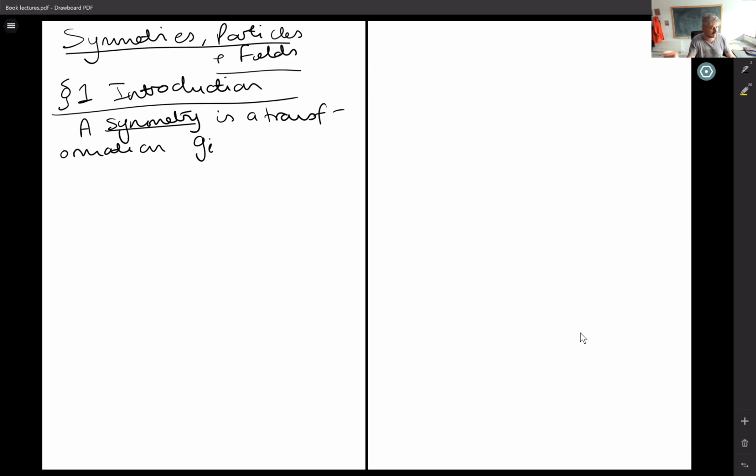The i has a numerical value, and each different i gives you a different symmetry. So it's a transformation that leaves physical properties unchanged.